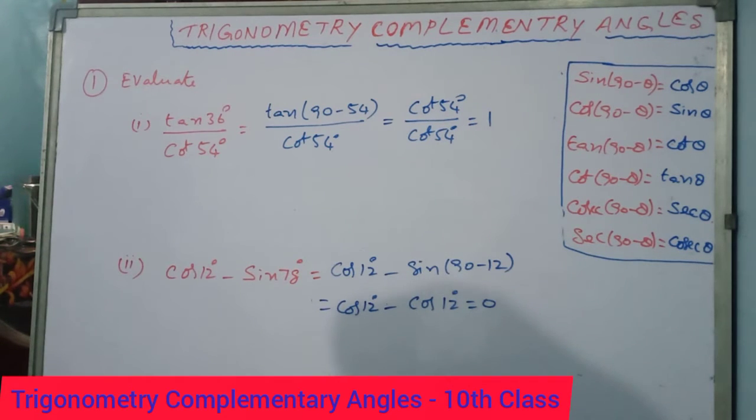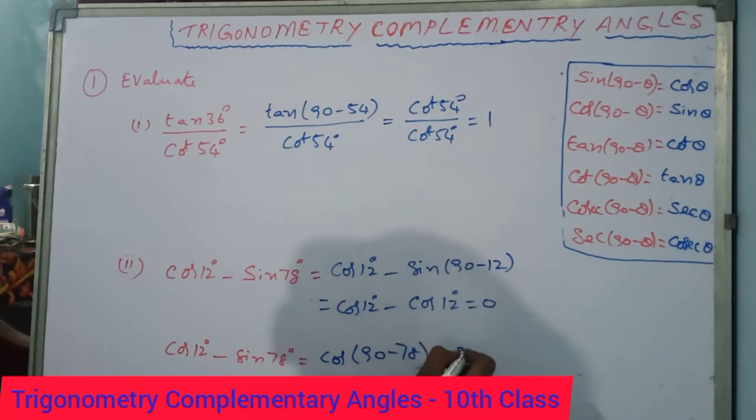Or suppose we change the first term. Cos 12 degrees minus sin 78 degrees. Now change the first term: cos of 90 minus 78, which is 12 degrees, minus sin 78 degrees.